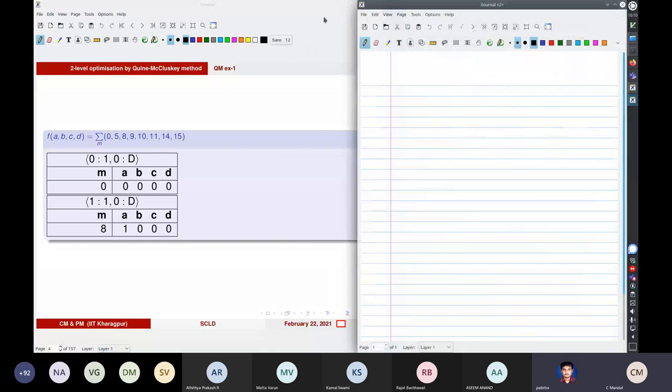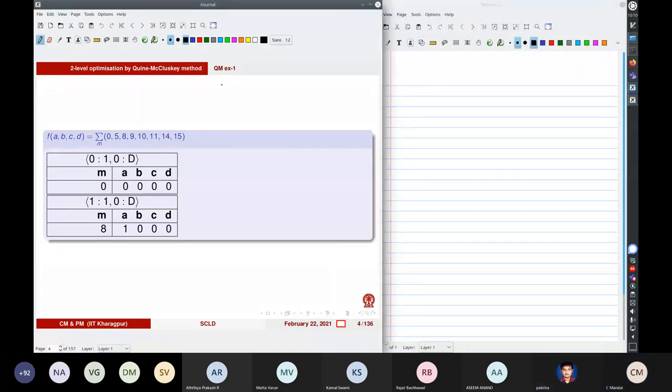All right. So the function that we have is shown over there. That is 0, 5, 8, 9, 10, 11, 14, 15. For this example, we only have min terms belonging to the onset.